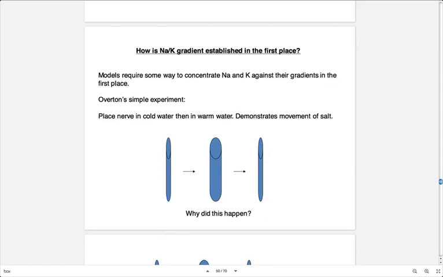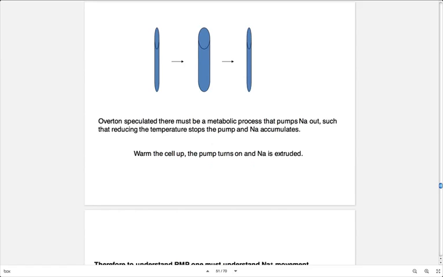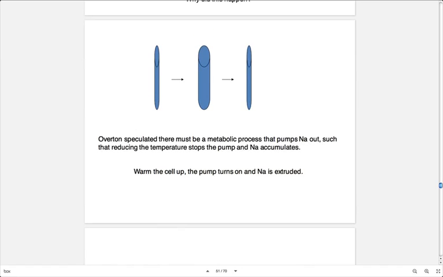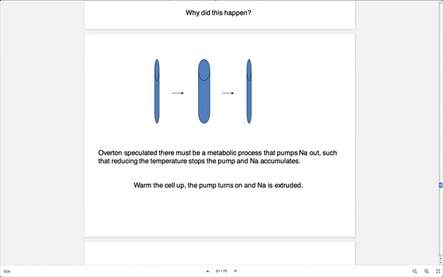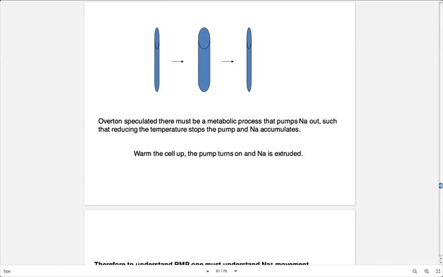So this is because we've got a pump, and it's a biological system, and so the pump's activity slows down, and so salt's going to accumulate inside of the axon, and then water will follow and swell it up. So we've got a biological pump, and we can demonstrate that by temperature. So its activity goes down.